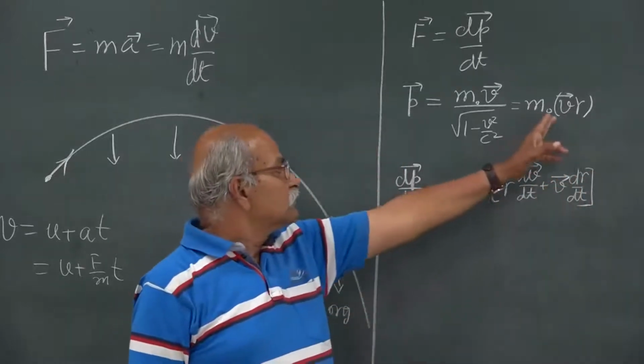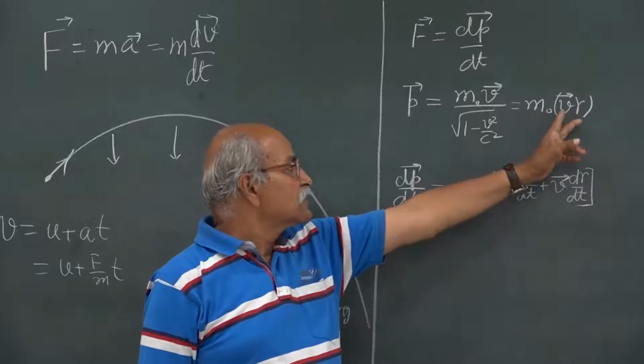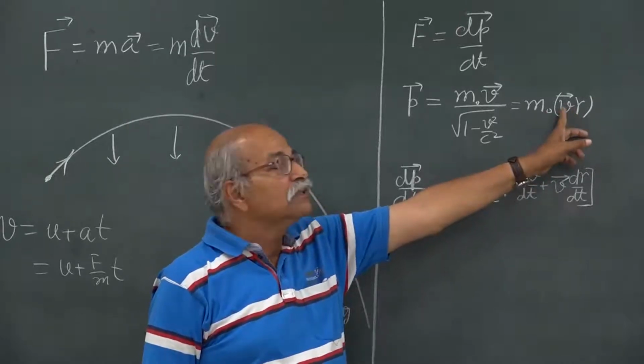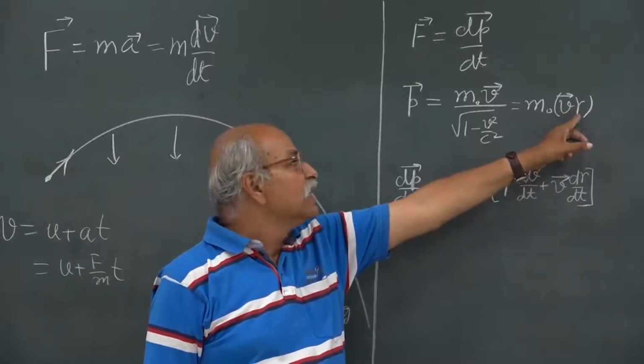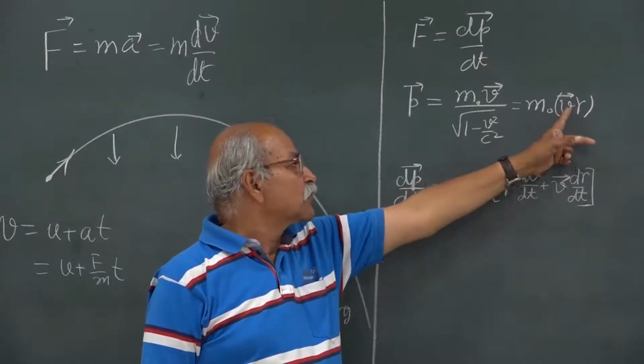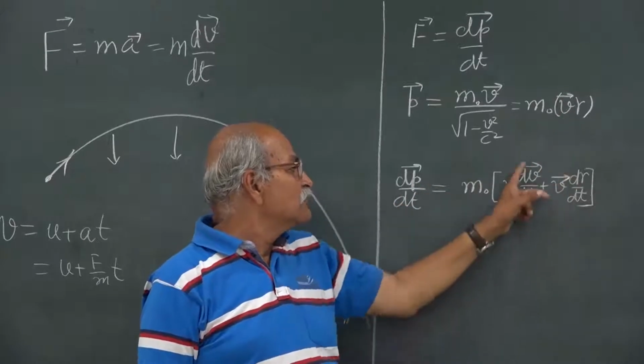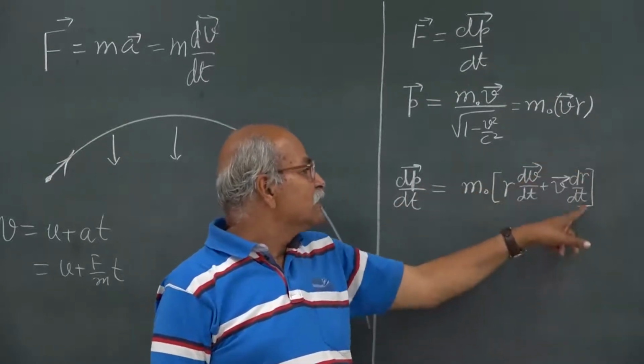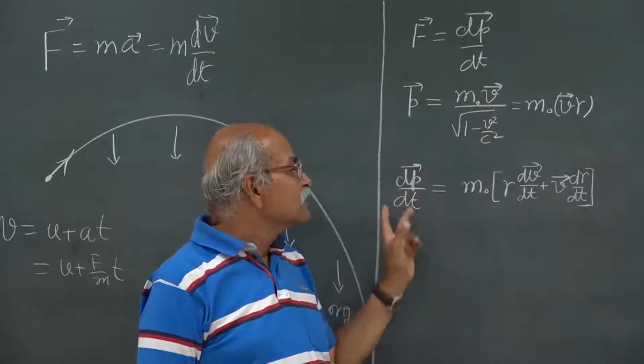Just differentiation of these quantities, a product of two quantities, both depend on v, and v depends on time, and therefore you have that product rule which gives gamma dv dt plus v d gamma dt. That is dp dt.